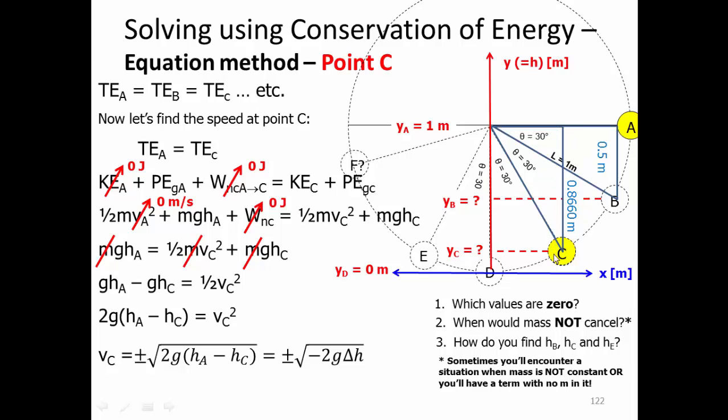But this length here is going to be square root of 3 times the short side, so it's going to be 0.8660 meters. Now, this isn't actually our height. This is actually our height from here to here. So we've got to subtract 1 meter from here to here. From that, we're going to subtract 0.8660, and we're going to get our 0.134 meters. And that was the 0.134 meters I showed you before. And there's our 4.16 meters per second we saw earlier.